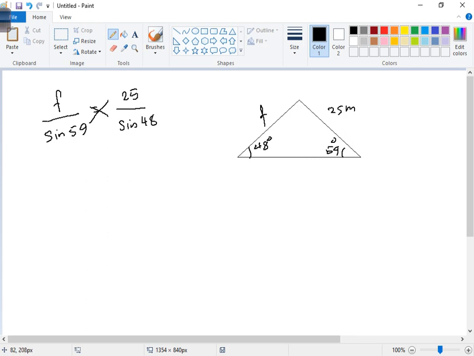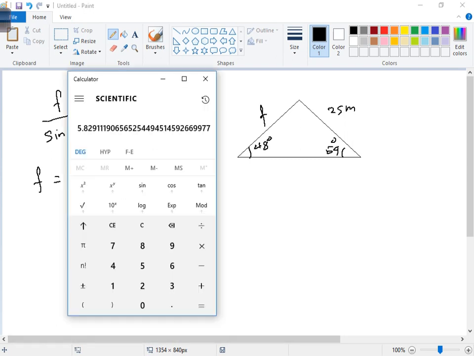In respect of F, it will be F equals 25 times sine 59 divided by sine 48. How can we work that out? We can work it out on the calculator.